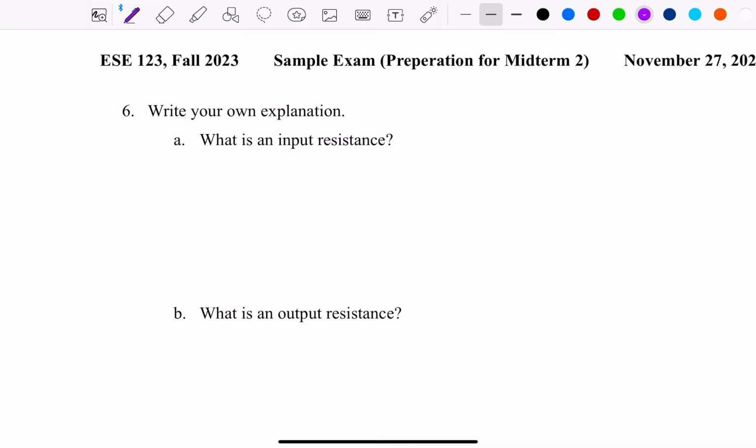This value determines how much the input voltage or current changes concerning changes in the source's voltage or current. Okay, so high input resistance minimizes the loading effect on the source, allowing efficient transfer of signals without significant loss or distortion. Okay, this is the brief explanation of the input resistance. If you have any questions, please ask me.